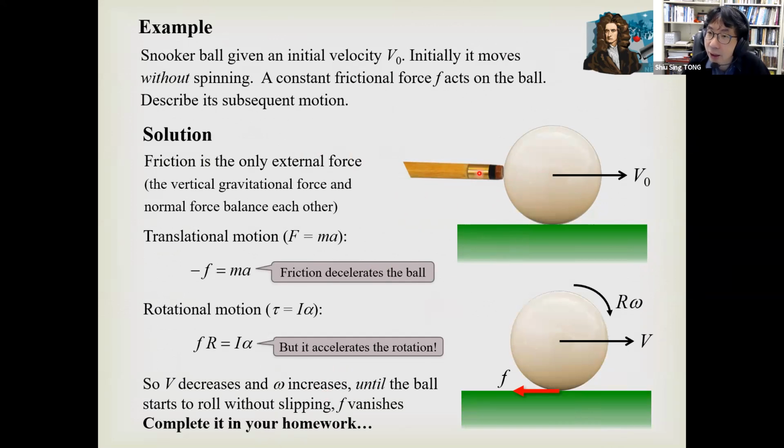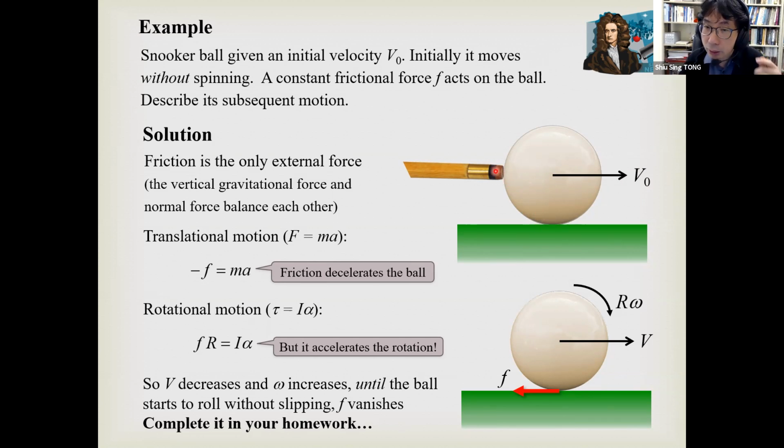Suppose you use a cue to hit the white ball in the middle. So you give the white ball a linear velocity, which I call V0. This is the linear velocity immediately after you hit the white ball. So the ball now moves to the right with a linear velocity V0.